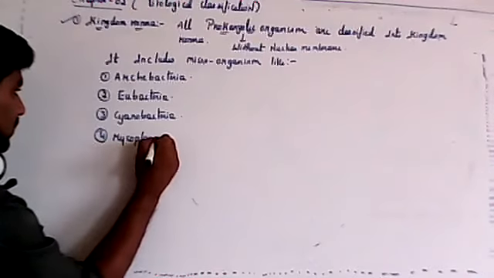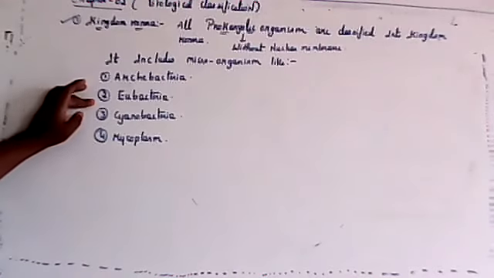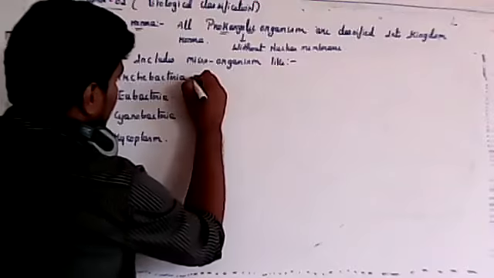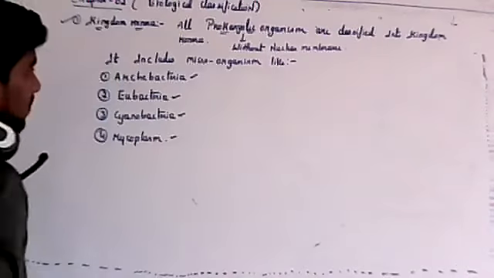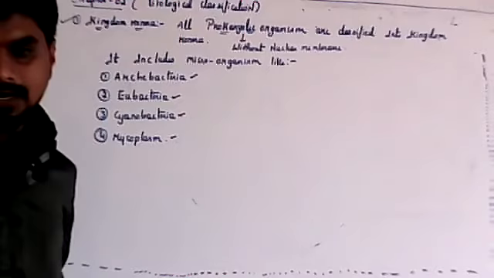All these four come under kingdom Monera: Archaebacteria, Eubacteria, Cyanobacteria, and Mycoplasma. So you have to study what Archaebacteria, Eubacteria, Cyanobacteria, and Mycoplasma are, along with their structural details.